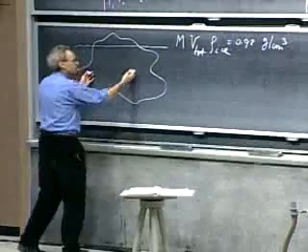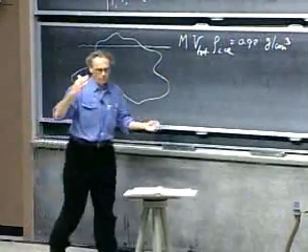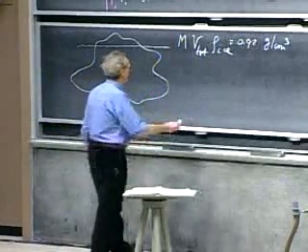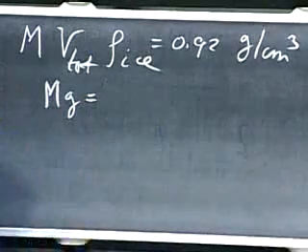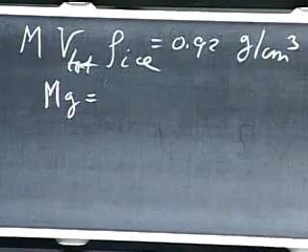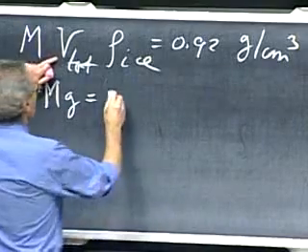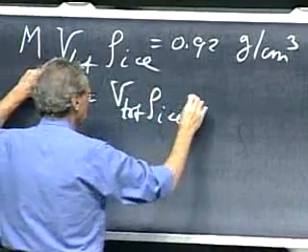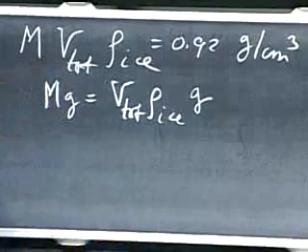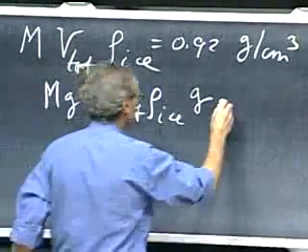This is floating. And so there's equilibrium between mg and the buoyant force. So mg must be equal to the buoyant force. Now mg is the total volume times rho ice times g. Just like the crown.